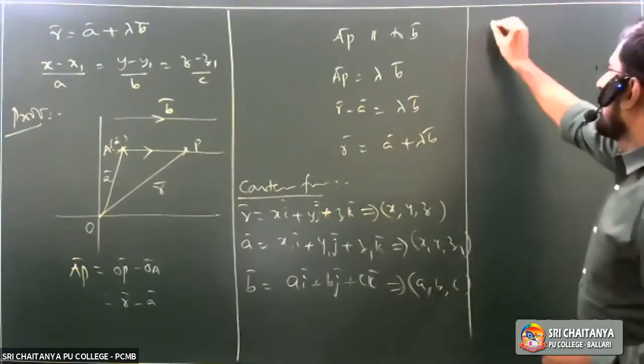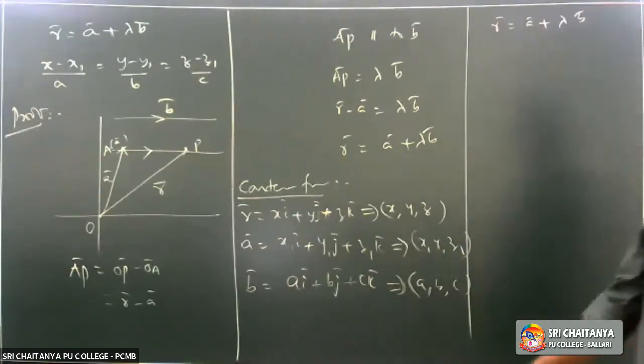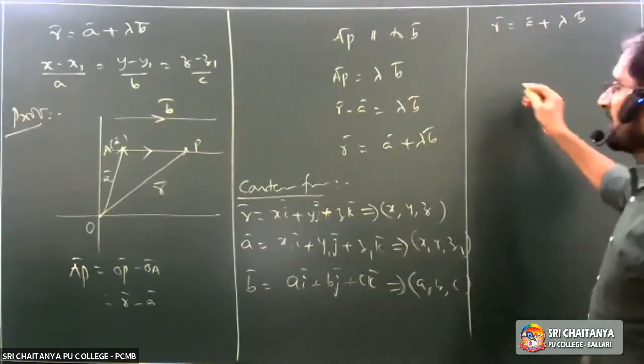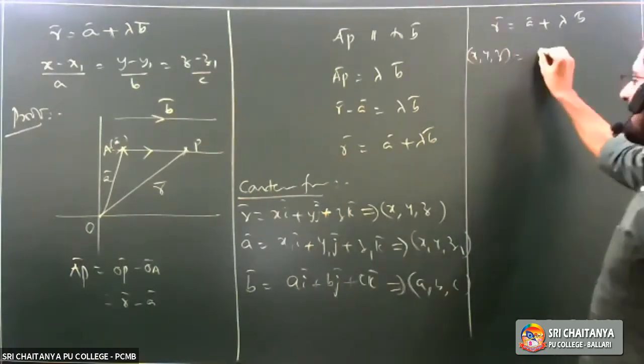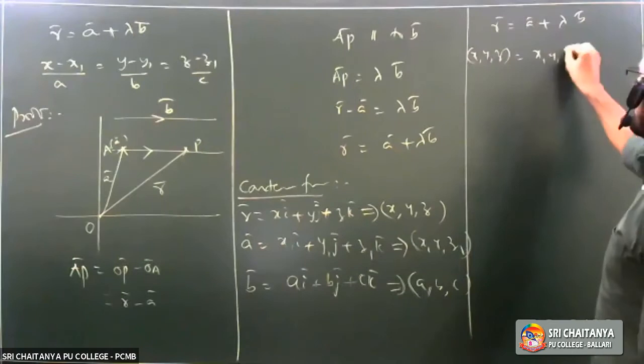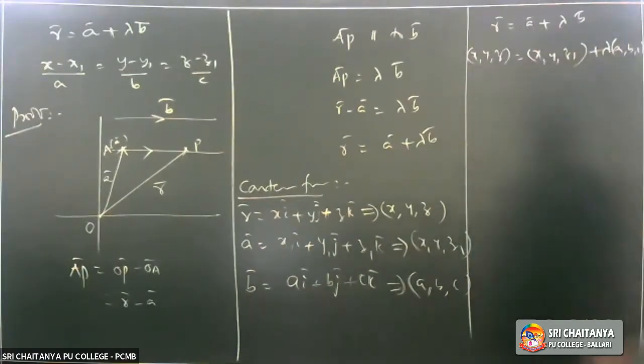In this one, R bar is equal to A bar plus lambda B bar. Now, it becomes very lengthy if I write it so, x comma y comma z is equal to x1, y1, z1 plus lambda into a, b, c.